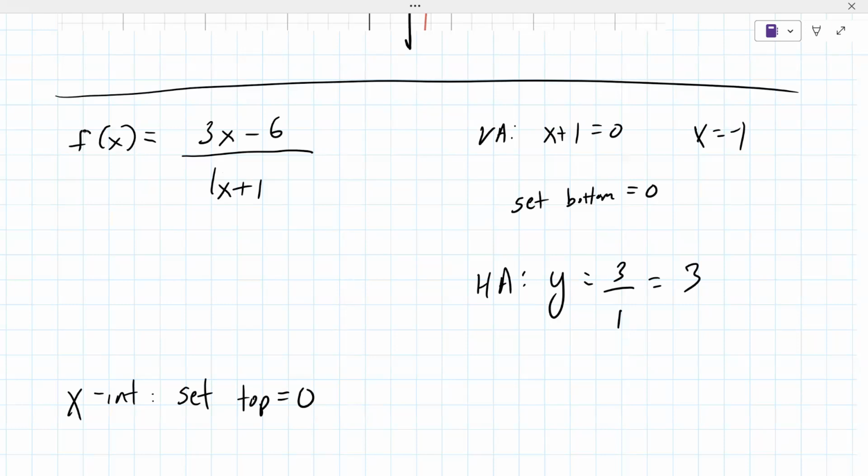All right, so set the top equal to 0 and solve for x.